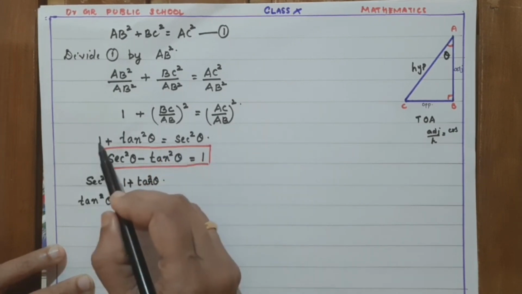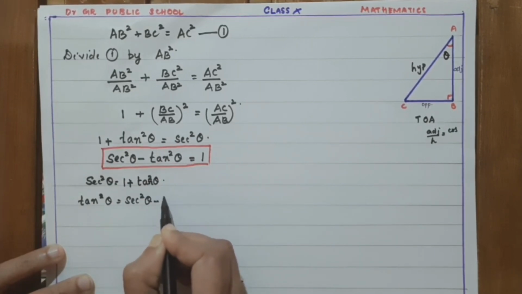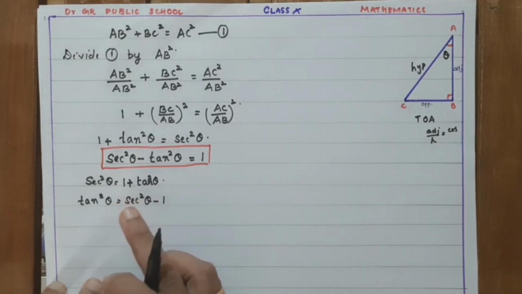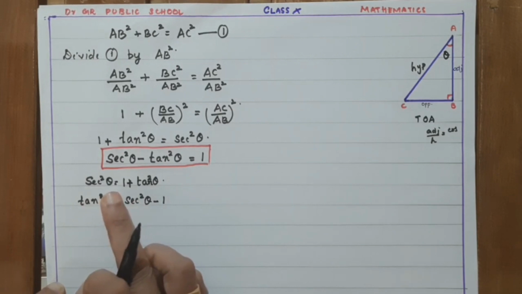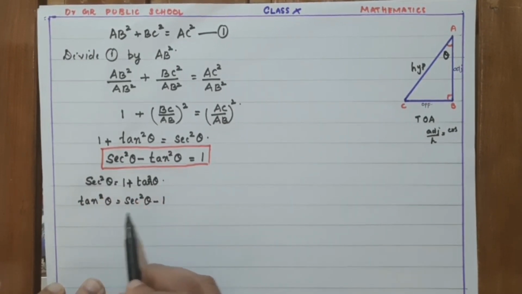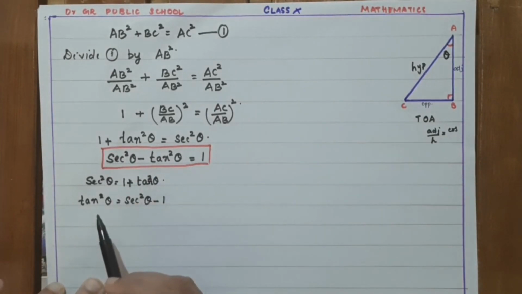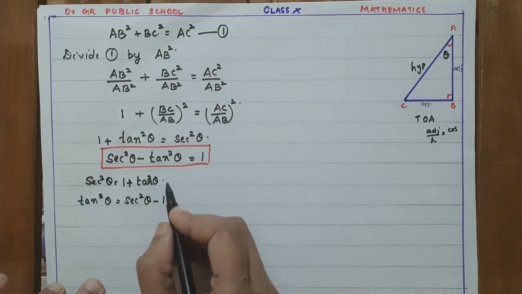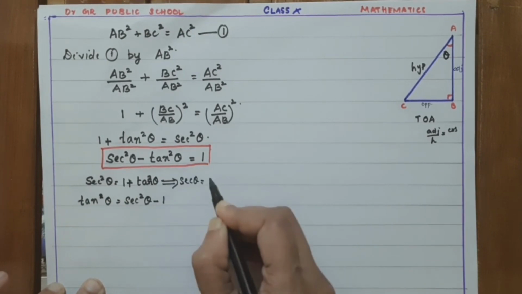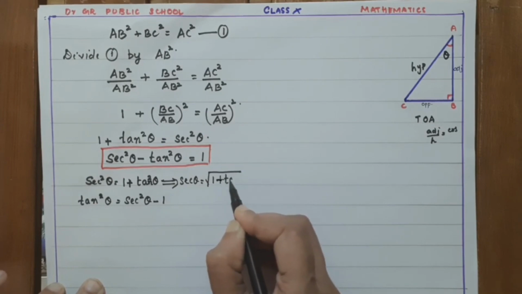Okay. Sec square theta minus 1. So you should not interchange the terms. You have to study well. Sec square theta is 1 plus tan square theta, and tan square theta equal to sec square theta minus 1. Okay. So this is the second identity. From here, what can we write? Sec theta equal to square root of 1 plus tan square theta.